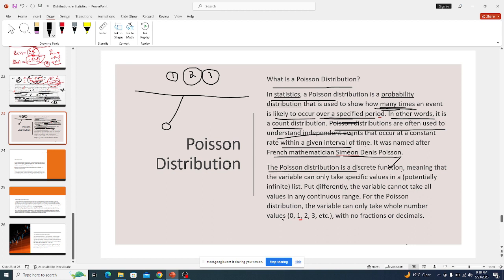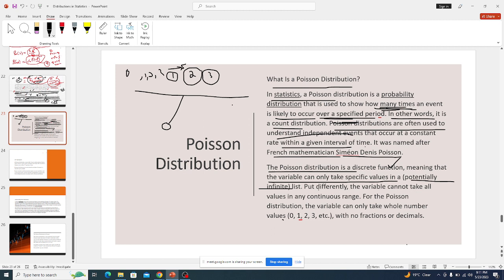The Poisson distribution, of course, I have talked about this. It is a discrete function, meaning that the variable can only take specific values, potentially an infinite list. It can take a 0, a 1, a 2, a 3, up to 5, or even more. Not particularly limited to 5.